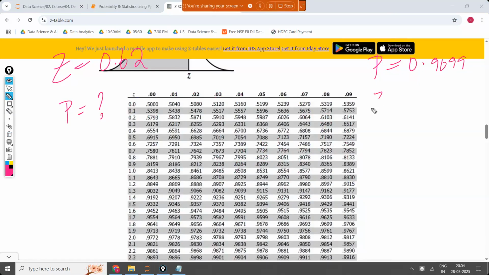This is the probability. I'm asking what is the Z-score. For two questions, tell me the answers. For question number 1, Z was given and I'm asking probability. What is the answer? 0.62. This is the one. Is that okay? First, is everyone okay?